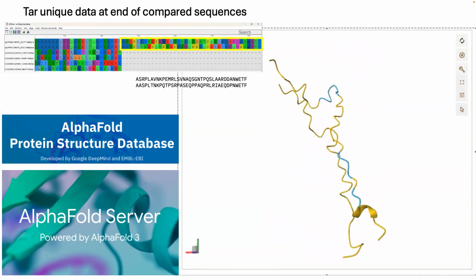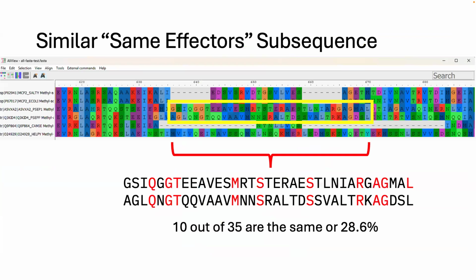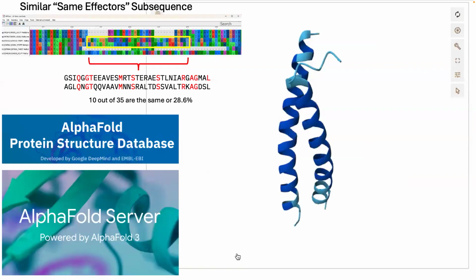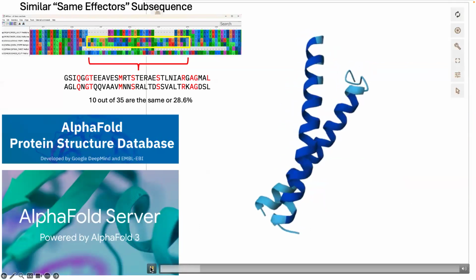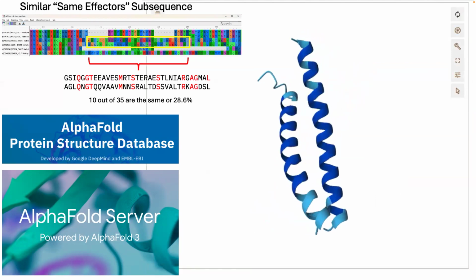Towards the end of the sequence, those are structures that are common. Now we have the same effector, and there's a place where they had some common structure here. Now if I just show you what the AlphaFold server shows for that one, this just gives you an idea.